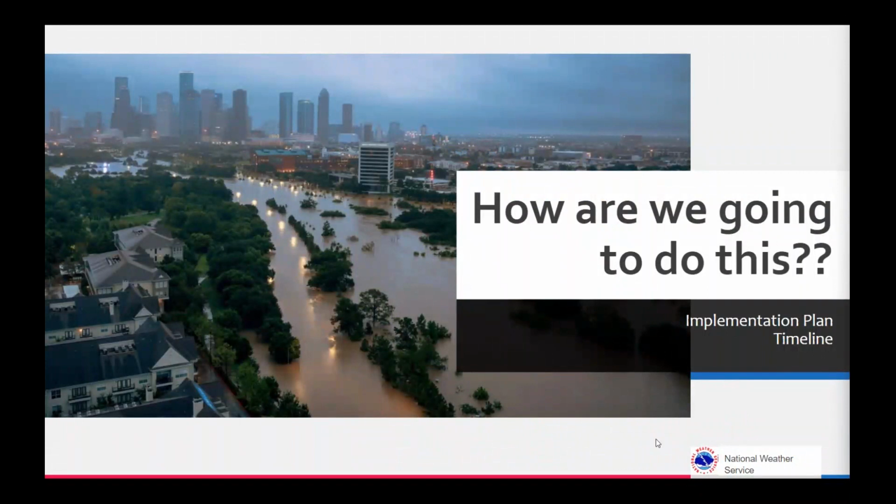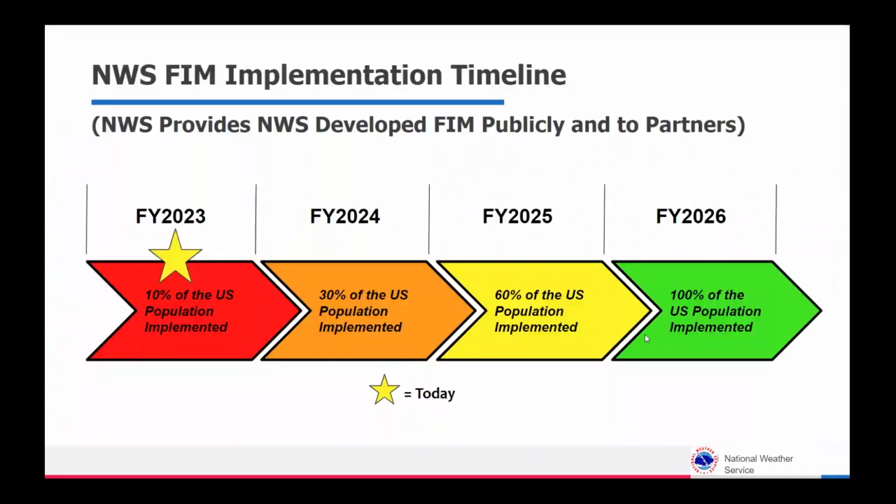So how are we going to do this? As I said, this is a multi-year rollout going through the end of fiscal year 2026. So this is the timeline that we're looking at. And this is where the National Weather Service is providing National Weather Service developed FIM publicly to the public and to our partners.